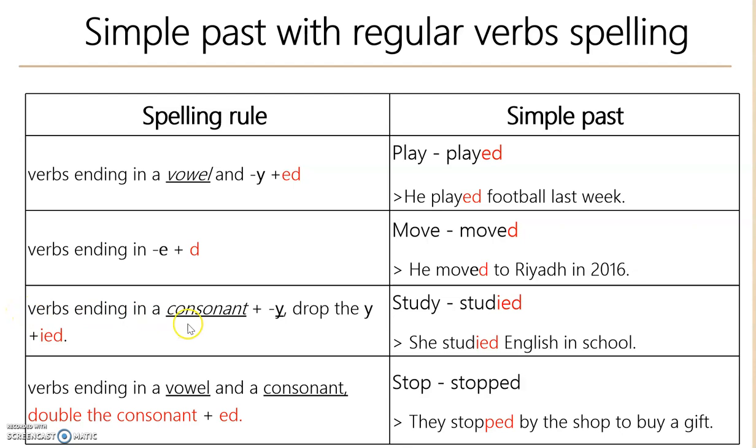Verbs ending in a consonant plus y, we drop the y and add ied. For example, study, we say studied. She studied English in school. Finally, verbs ending in a vowel and a consonant, you double the consonant and add ed.